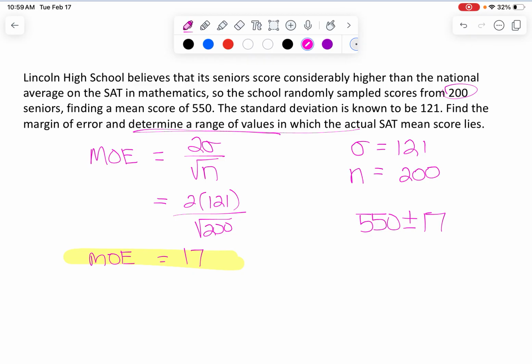If I add 17 to 550, I would get 567. If I go 550 minus 17, I would get 533. So my range of scores would be 533 to 567. So that would be the other part of that.